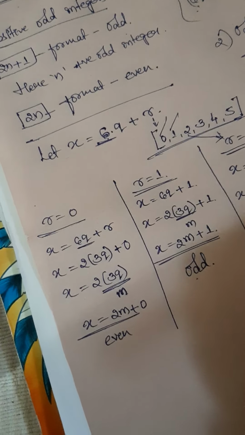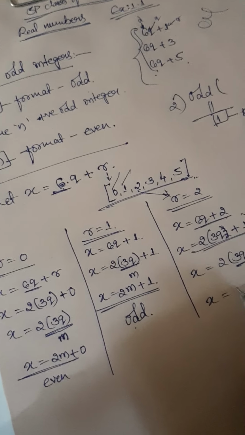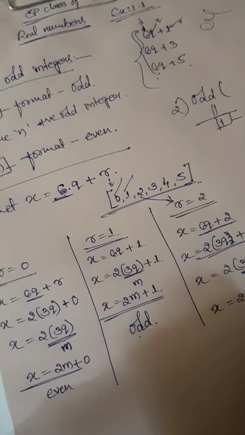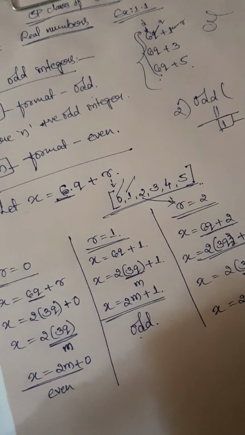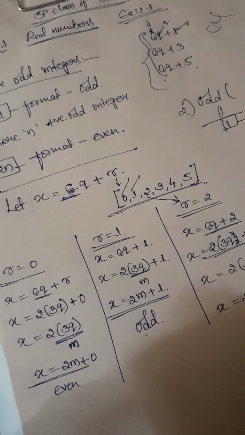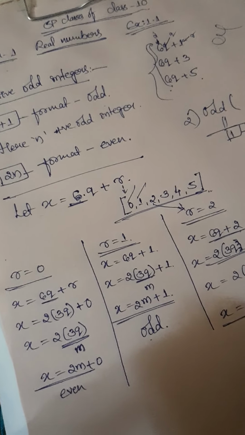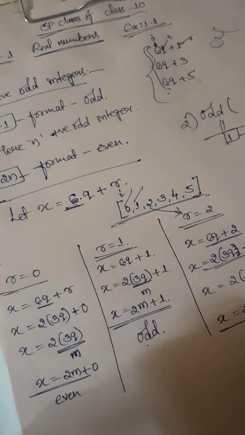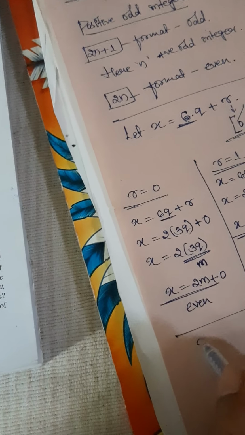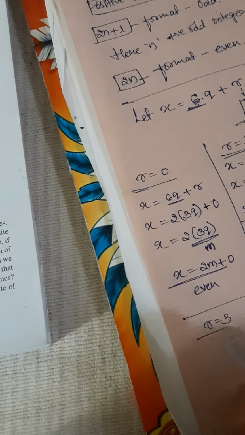So x is equal to 2m. Nothing else is there, so we can add 0. Again it is in the 2m format, so it will again be even. You all getting it?